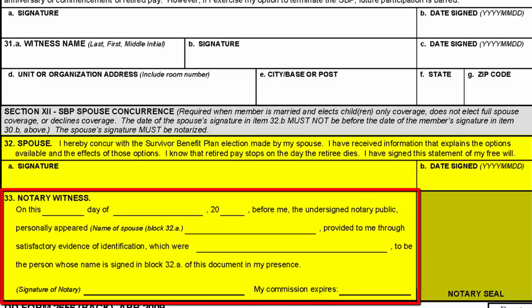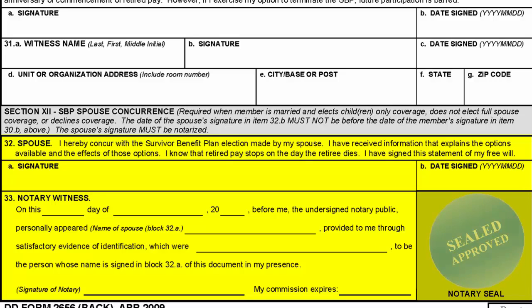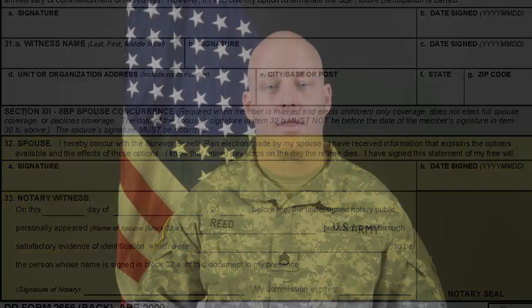They will witness your spouse signing and the spouse dating in year, month, day format, and then they will put their notary seal on the form, at which time the DD Form 2656 is complete and is ready to be forwarded to U.S. Army Human Resources Command.